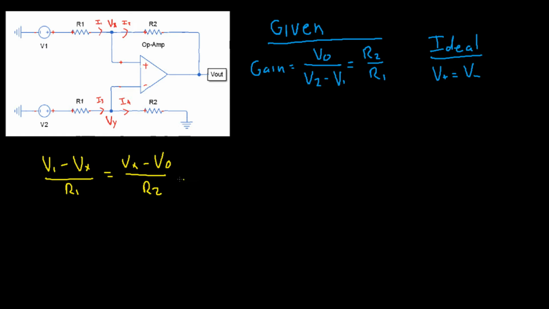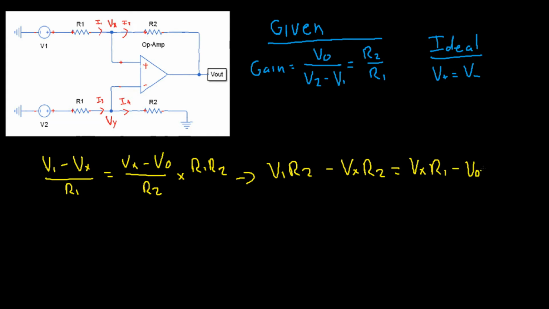So let's do that. First, we'll multiply through by R1 R2, because you know how much I hate denominators. That will give us V1, the R1s cancel, R2, take Vx R2, and then all of that's equal to Vx R1, take Vo R1. So we'll get all of our Vx terms onto one side by adding Vx R2 to both sides and adding Vo R1 to both sides.